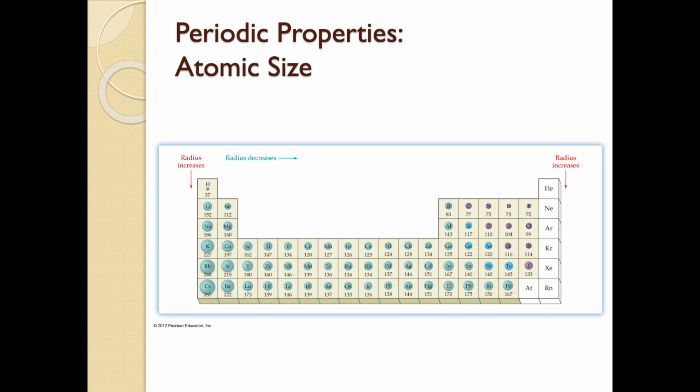And it has some weird effects because of that. One of the effects is that your s orbitals shrink and get held a little bit tighter. And since your s orbitals are where your outermost electrons are, if they get shrunk and pulled in tighter for the really big atoms, that's why the sizes of what should be really big atoms aren't much bigger than the ones that are right above them, in the d block in particular.